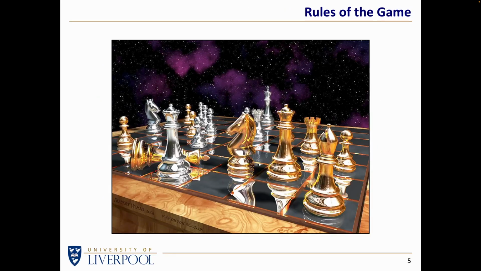So one way of thinking about the universe is to say, well, we know what it looks like now. So can we figure out what the rules of the game were? Can we figure out how the universe came to look like the way it does? If we were to look at a snapshot of a chessboard, can we figure out from that picture what the rules of chess are? That's, in a sense, the problem we have. We know what the universe looks like now. We can take a snapshot and we can see the way things are.